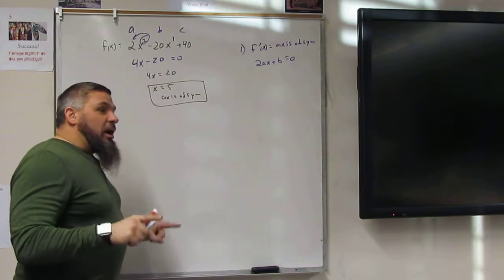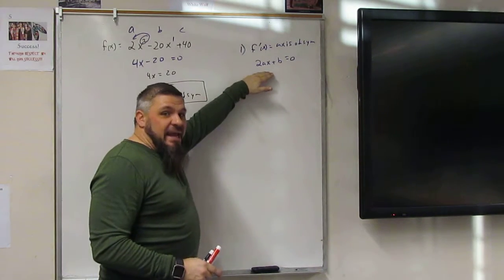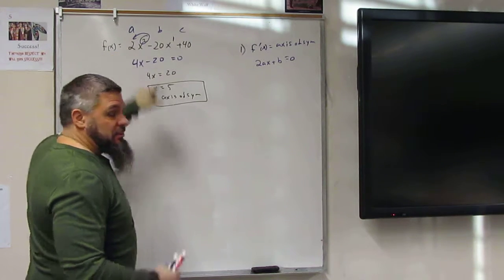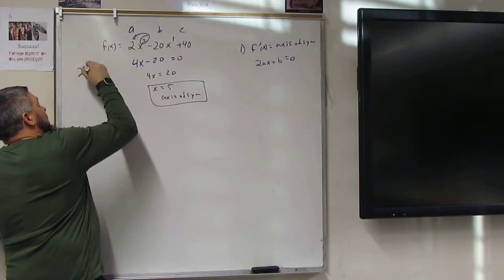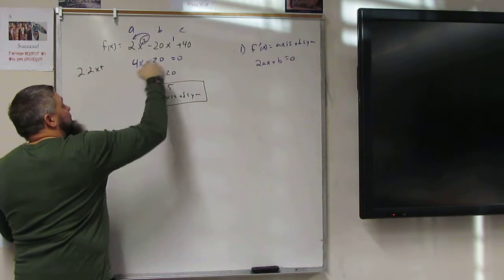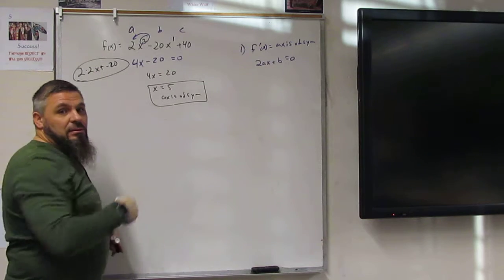If it's still hard for you to make sense out of that derivative, 2ax, 2 times a, which is 2, right? 2 times 2x plus what's b? Minus 20. This is the same thing.